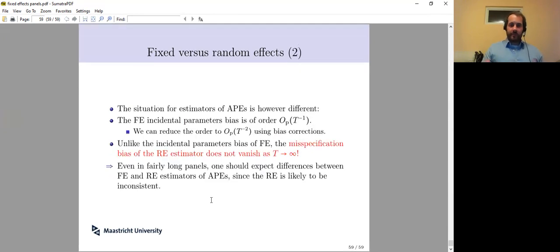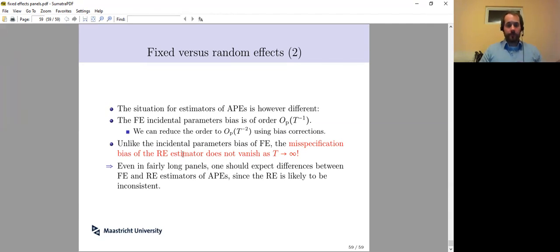And this is particularly true if you look at the partial effects. Again, fixed effects has a bias of order 1 over t, which can, using these fancy methods, be reduced to 1 over t squared. However, if you do random effects and you have a misspecified model for the random effect, then the bias is of order 1, so it does not disappear as t goes to infinity.